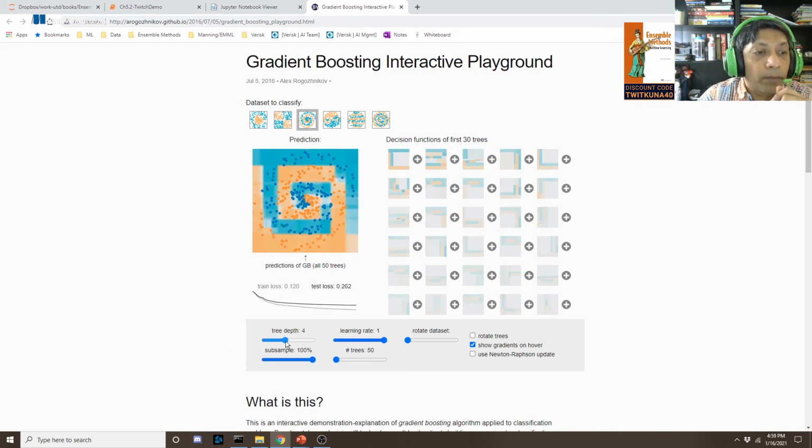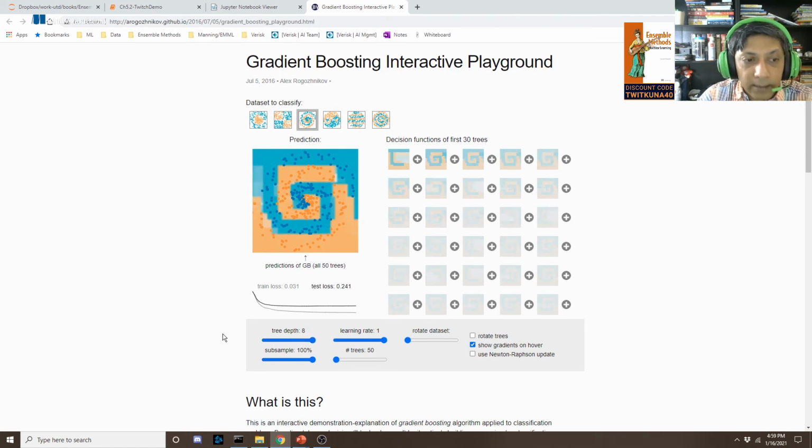So if you basically make a model that has very very deep trees and set a very very aggressive learning rate, you can see that you get a very very nice model when it comes to your training loss, right? It achieves nearly 0% classification error here, but its test loss is about 24%. And that is not good.